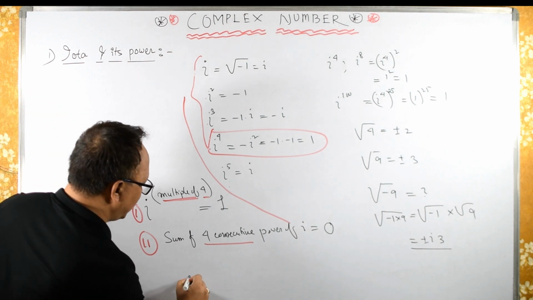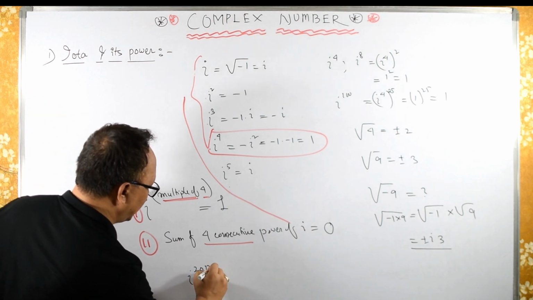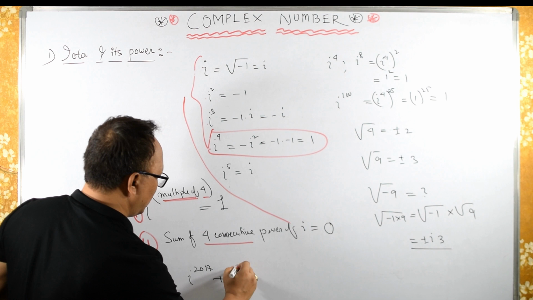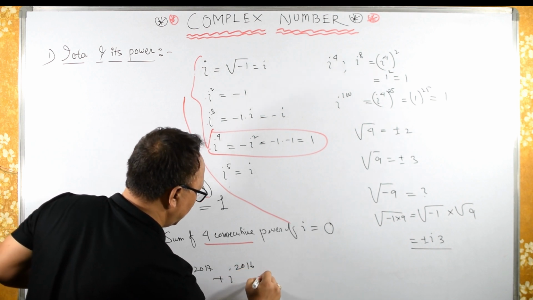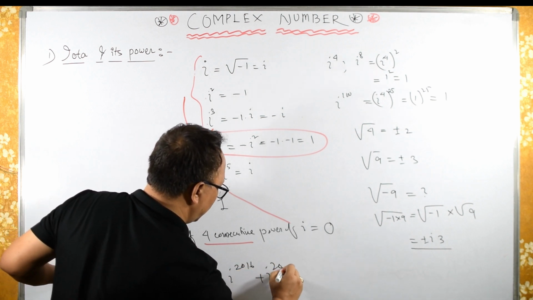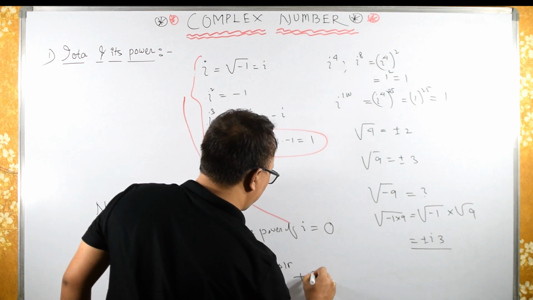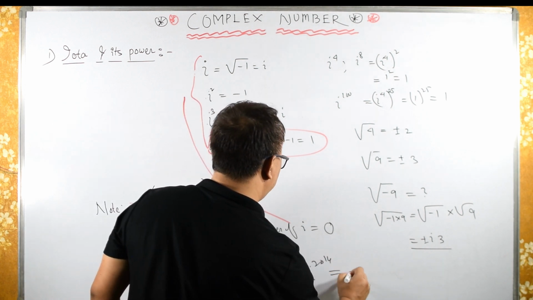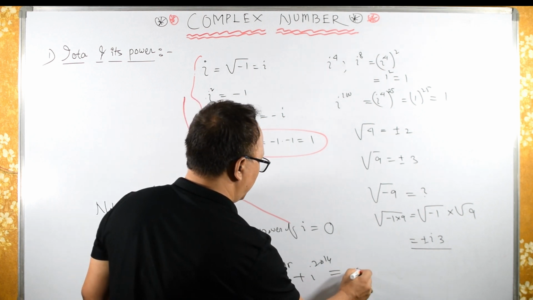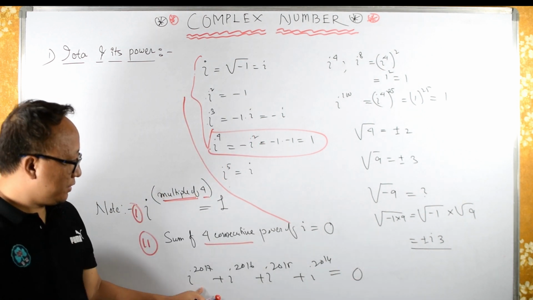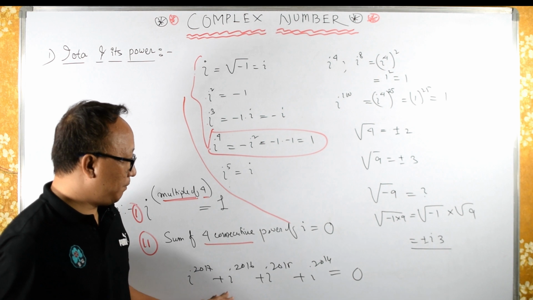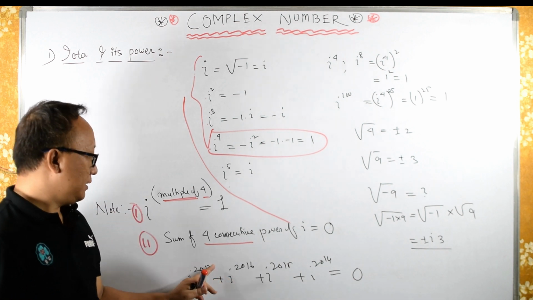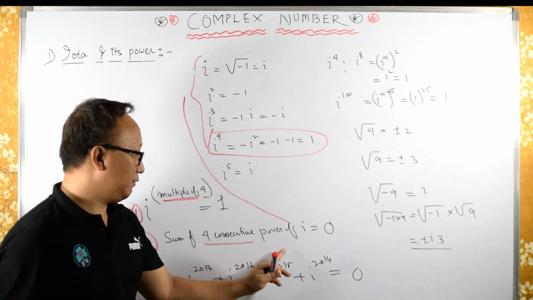Similarly, you can find, for example, i raised to 2017 plus i raised to 2016 plus i raised to 2015 plus i raised to 2014. This should equal 0. These are all sums of 4 consecutive powers of iota.